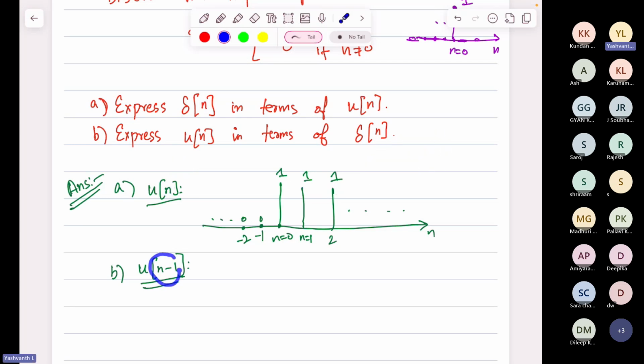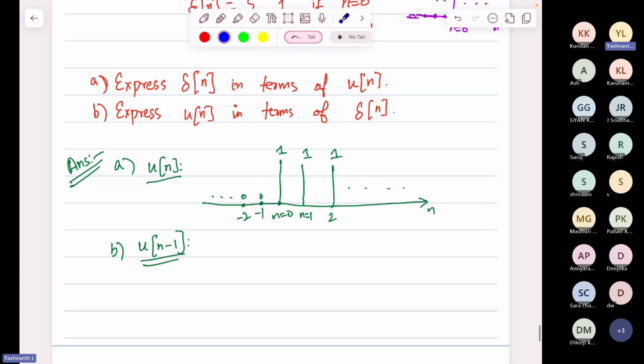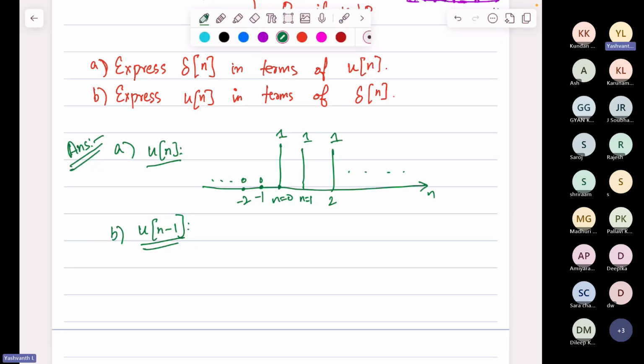Correct? Similarly, for u of n minus 1, whenever n minus 1 is greater than or equal to 0, u of n minus 1 is equal to 1. Therefore, u of n minus 1 equal to 1 if n minus 1 is greater than or equal to 0, that is, if n is greater than or equal to 1.